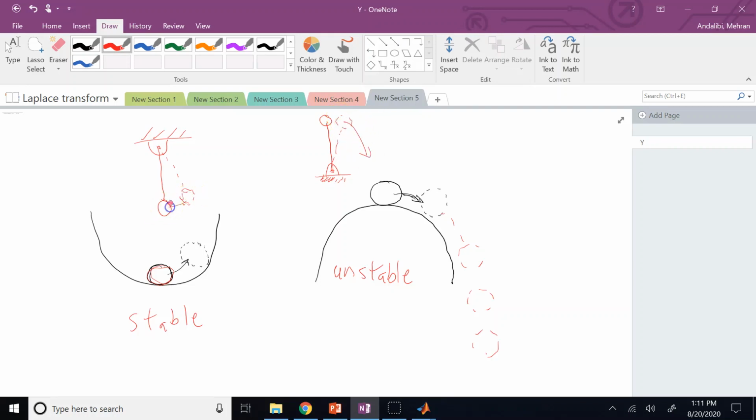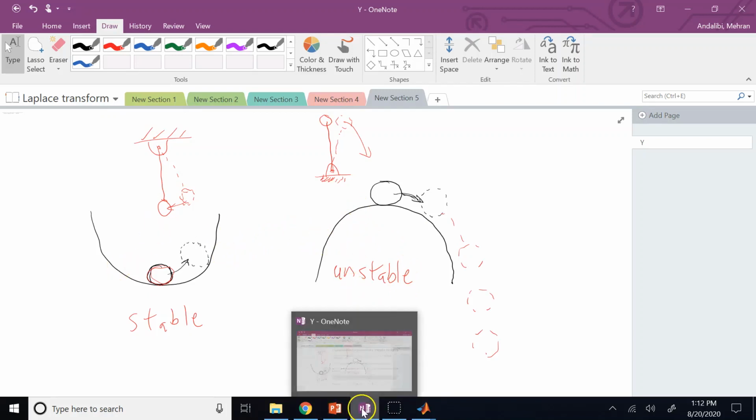It never comes back. So this is unstable, this is stable. Okay, that's the same thing for physical systems. Whether the output grows unbounded or it keeps going back to either the initial position or something constant, which is finite. So stability, instability, and we can tell this behavior just by looking at what?